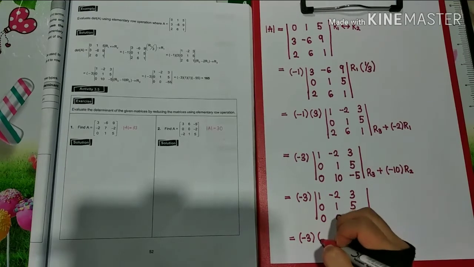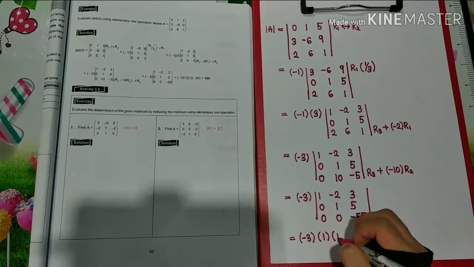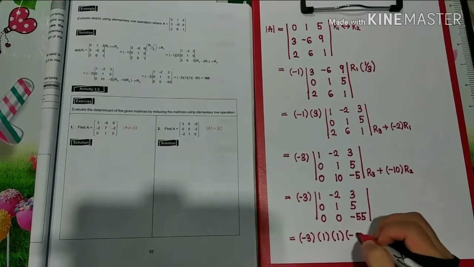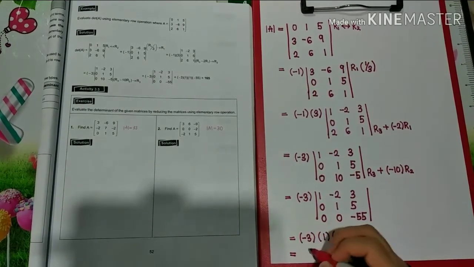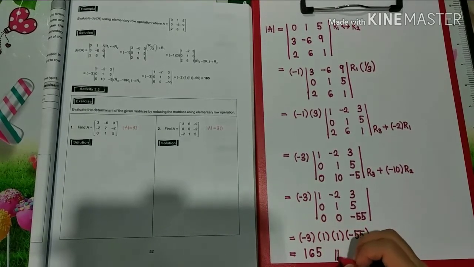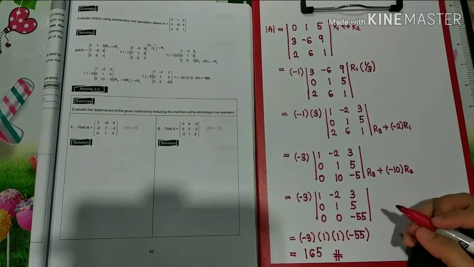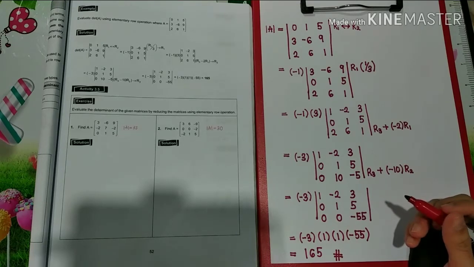So 1 multiplied by 1, and then multiplied by -55. So what you will get for the determinant? 165. That's how you do it when you want to find the determinant by using elementary row operations.